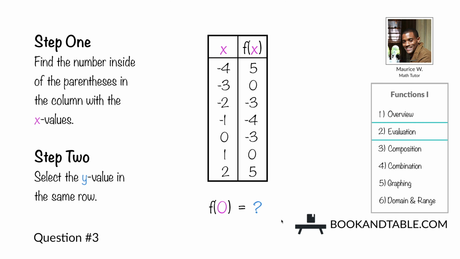In question number 3, we're asked to find f of 0. Step 1, find the number inside of the parentheses in the column with the x values. So we find 0 here, and we want to select the y value in the same row, which would be negative 3, showing us f of 0 is equal to negative 3.